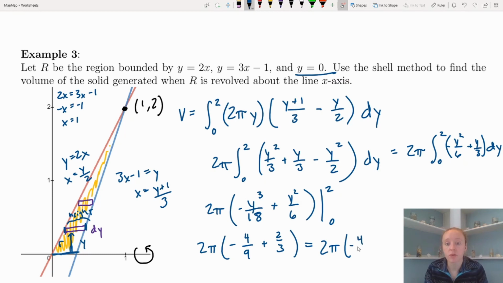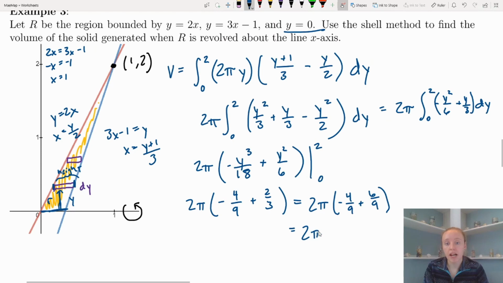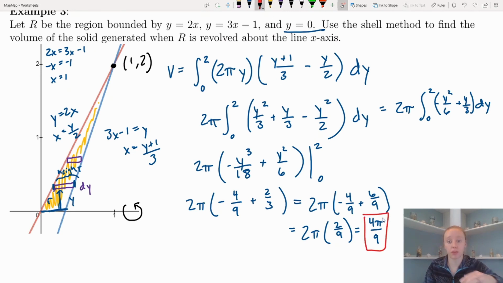So I'll have negative 4/9 plus, rewriting 2/3 in terms of ninths, that's going to be multiplying both by 3, so 6/9. 2 pi times 2/9 will be my solution, which when simplified will be 4 pi over 9. So 4 pi over 9 is my volume for example 3.